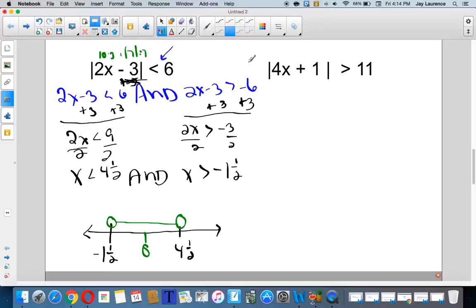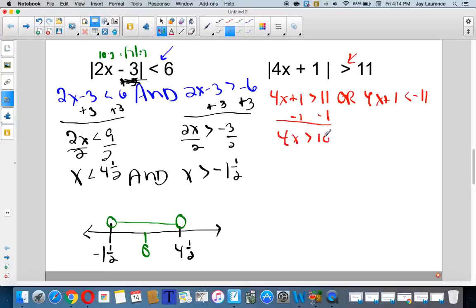Okay, let's try this one here. This is an OR. See the great OR? So I'm going to write 2 inequalities. I'm going to write 4x plus 1 is greater than 11, or 4x plus 1 is less than negative 11. All right, I'm going to subtract 1, and I will get 4x is greater than 10.